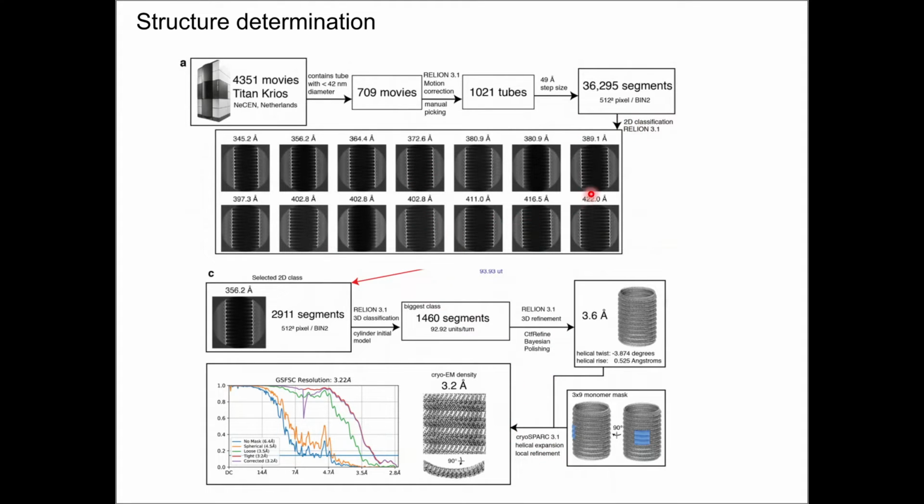Since these are heterogeneous structures, not homogeneous, they could bin their samples by the width of the cylinders, and they only worked on the sample which was 356.2 angstroms in diameter, and all the other ones they just trashed. But at the end, they had a 3.2 angstrom reconstruction of the helix.